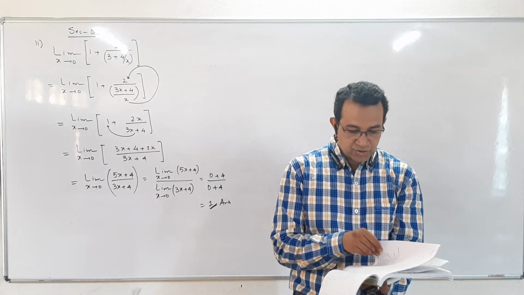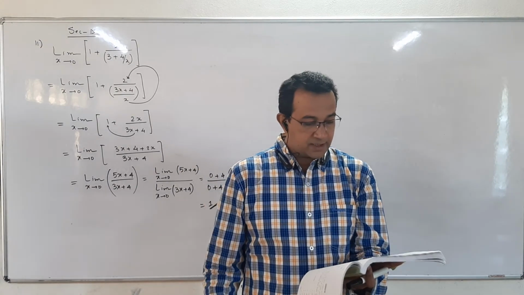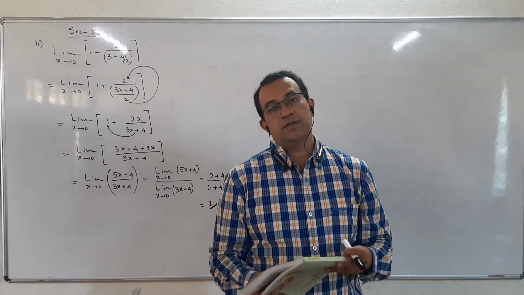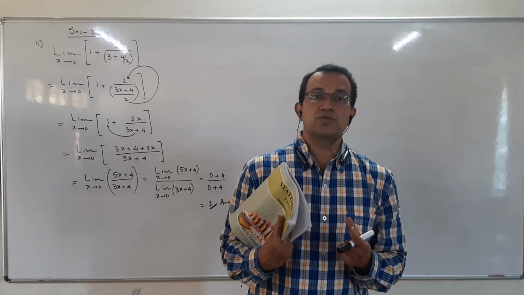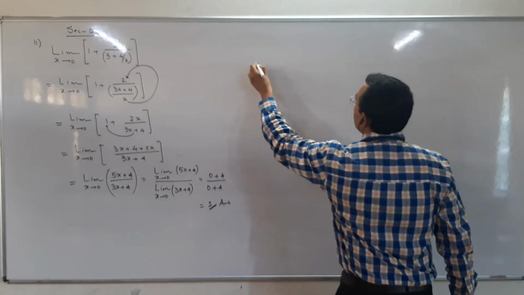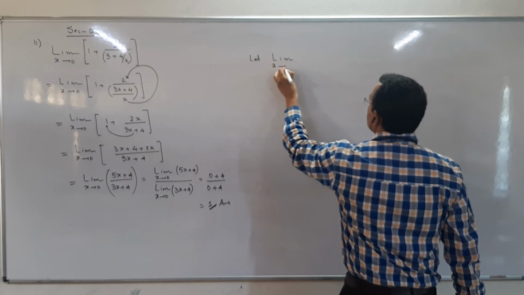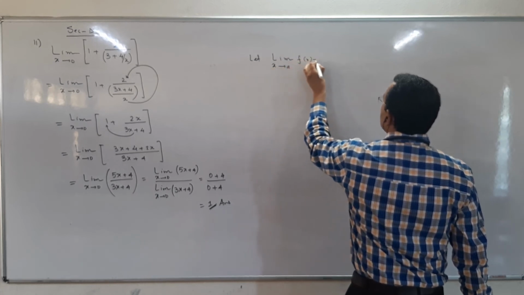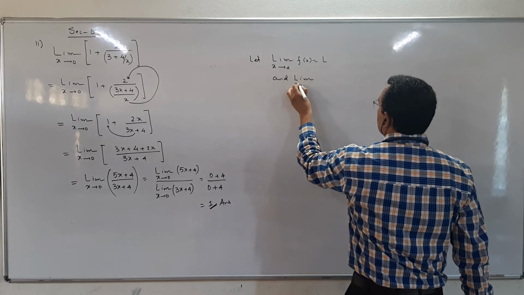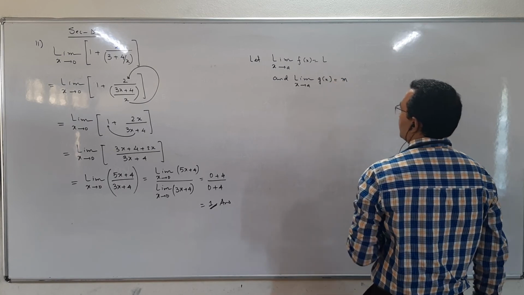Then, students, section C, 12th question. State the multiplication working rule of limit. Now, limit x tends to a, f of x is L. We have already written it yesterday. Let limit x tends to a, f of x be L, and limit x tends to a, g of x be n.